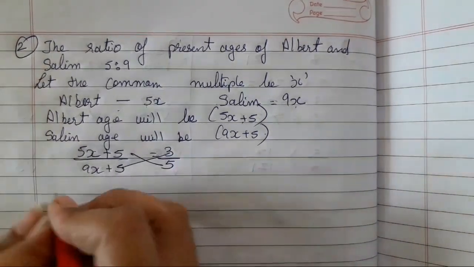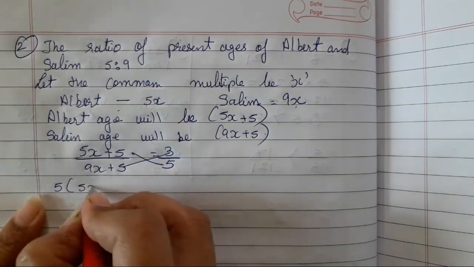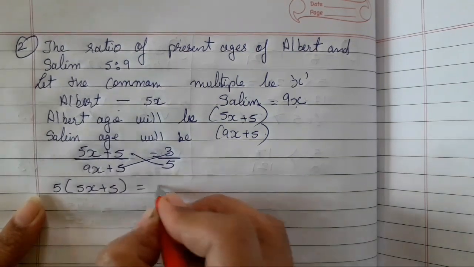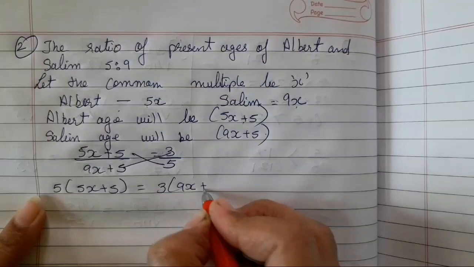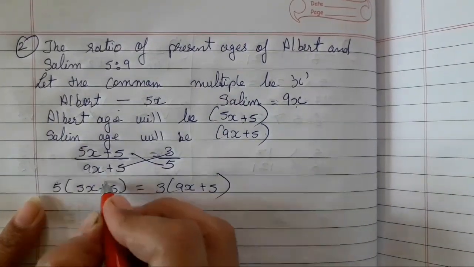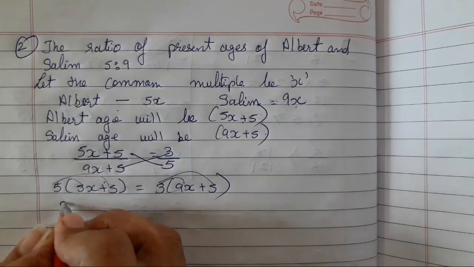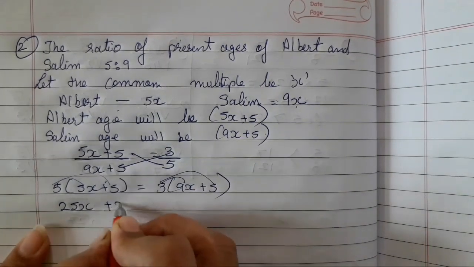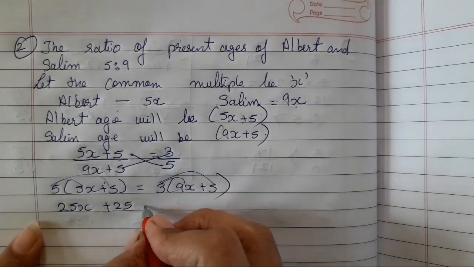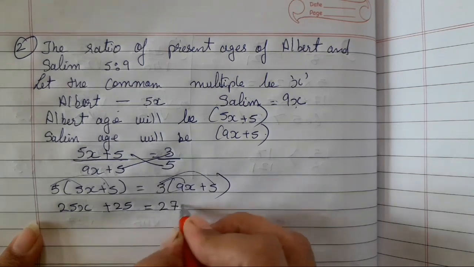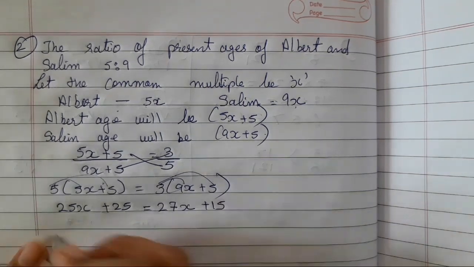Okay, so we are going to cross multiply. This is going to be 5x plus 5 is equal to 3, 9x plus 5. Cross multiply, sorry, not cross multiply, multiply it in this way. You will be getting 25x plus 25 is equal to 27x plus 15.